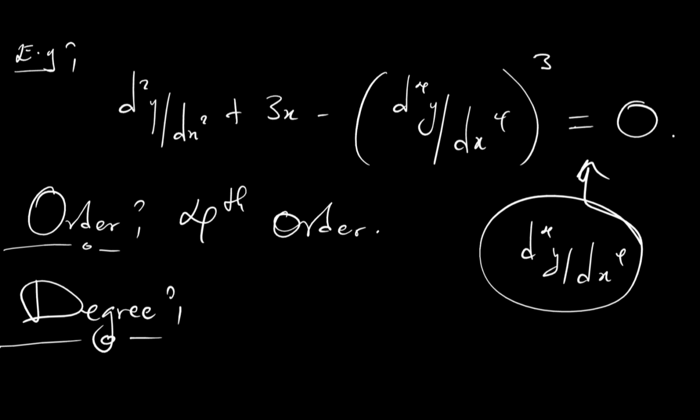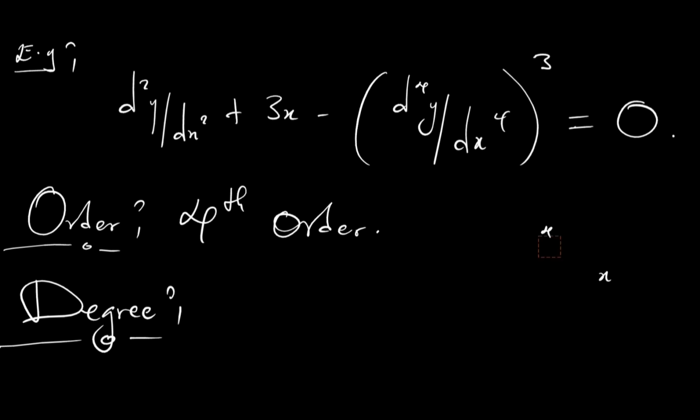We'd understand that the power of this is basically 1. So we need to distinguish what we're trying to elaborate. With that in mind, the degree in this question will be the third degree, because that's the highest power of the highest derivative in question. So we say the third degree.